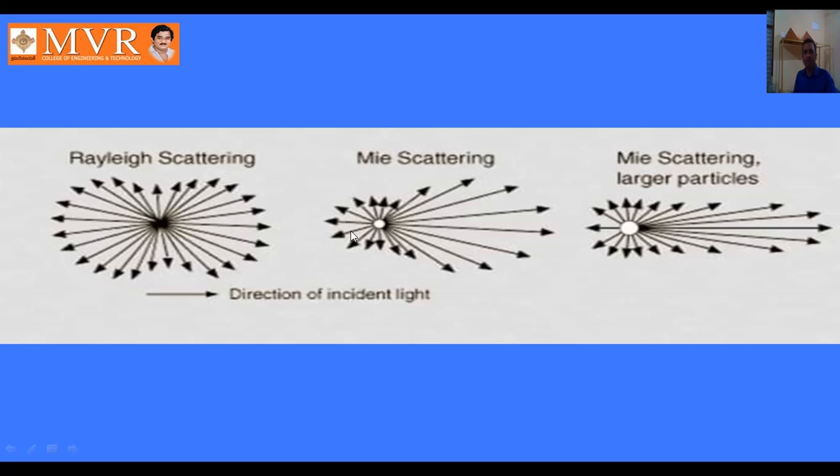Mie scattering means that, when compared to Rayleigh scattering, the particle size is more, so much of the radiation is scattered in the forward direction. Why? Because the particle size increases when compared to the incident radiation wavelength. Here, Mie scattering involves large particles. Non-selective scattering means that, when compared to Rayleigh and Mie scattering, the particle size is very large.